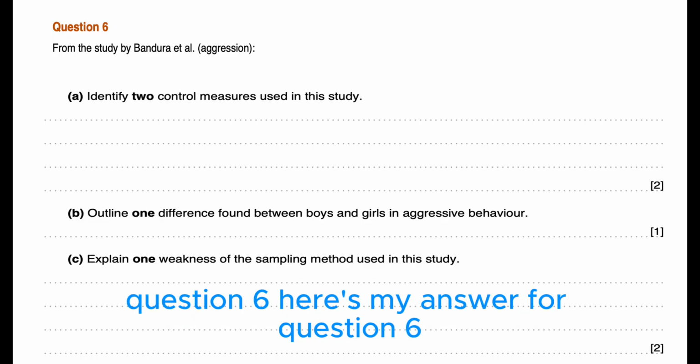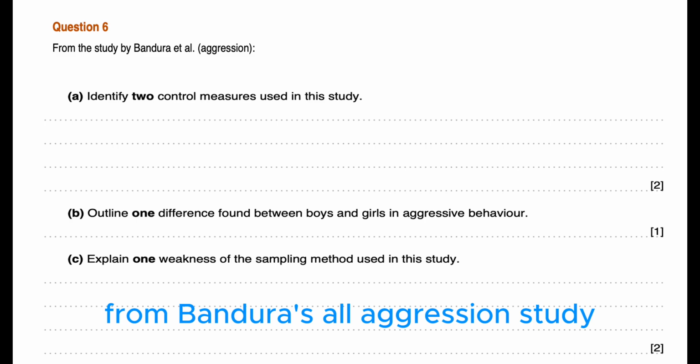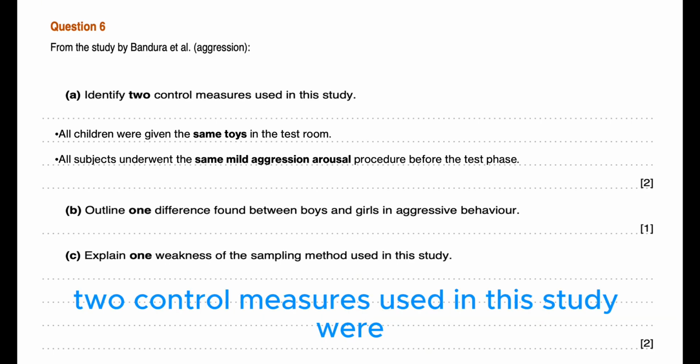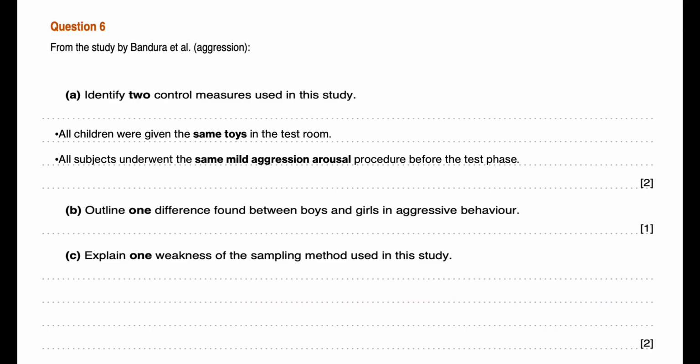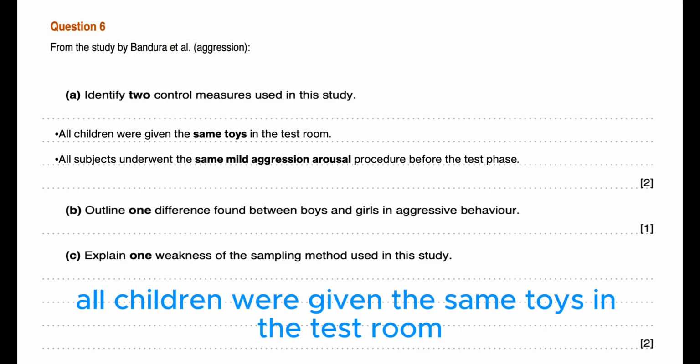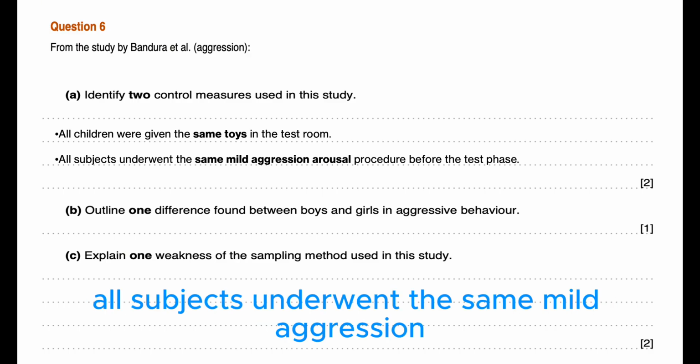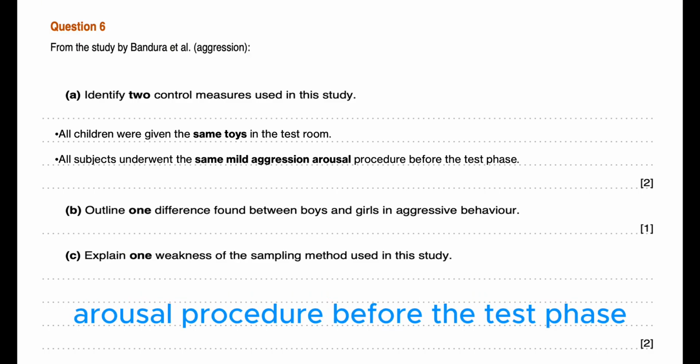Question 6. Here's my answer for question 6 from Bandura et al.'s aggression study. A. 2 control measures used in this study were: all children were given the same toys in the test room. All subjects underwent the same mild aggression arousal procedure before the test phase.